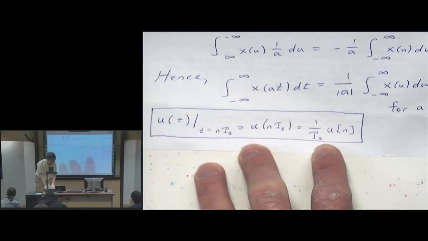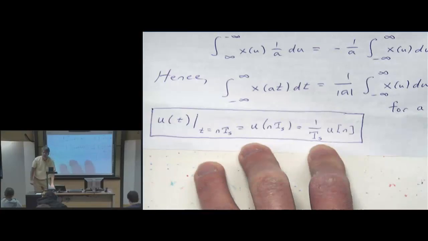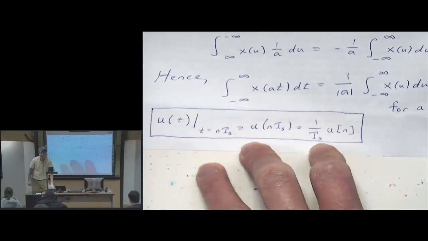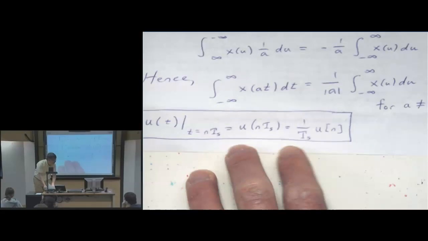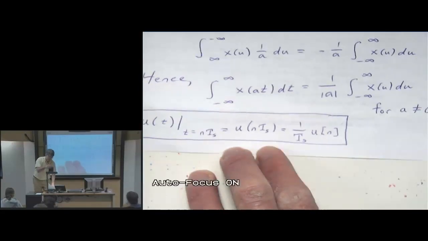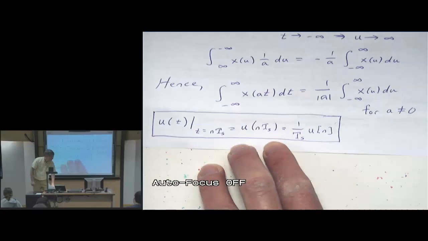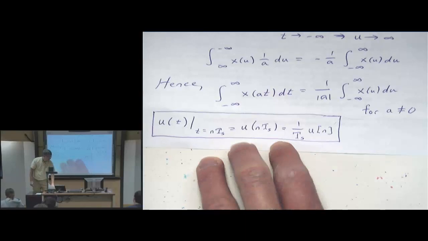So this is equivalent to 1 over the sampling time, or equivalently the sampling rate. This is an argument to preserve area, one way to argue this. These two lines are the critical results, and again, we'll need this more general result later.